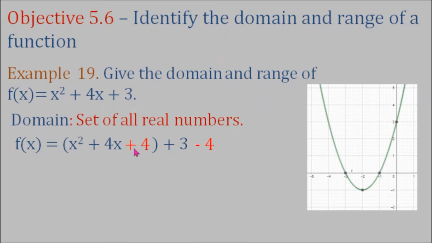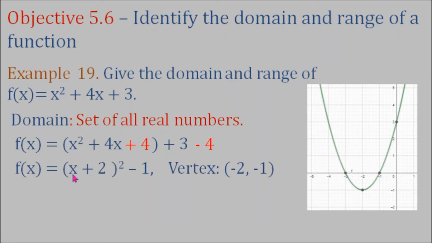Because we added 4 inside the parentheses, to compensate for that, we are going to subtract 4 from outside the parentheses. And because we completed the square here, it can be written as the square of a binomial. So it looks like the quantity x plus 2 squared, and then 3 minus 4 is negative 1. And the vertex here, or the turning point, is negative 2, negative 1. This point here.